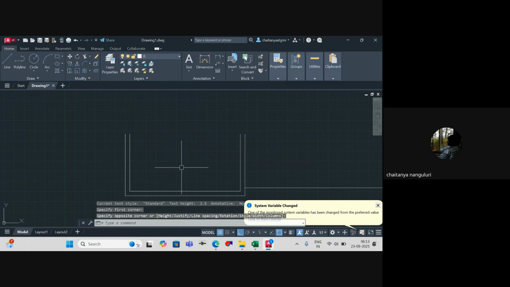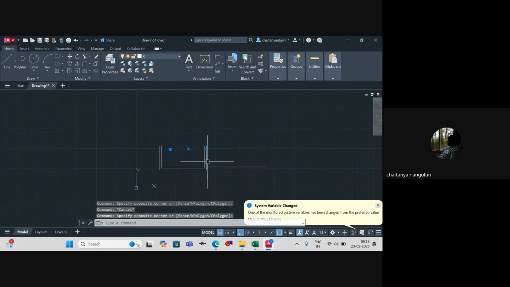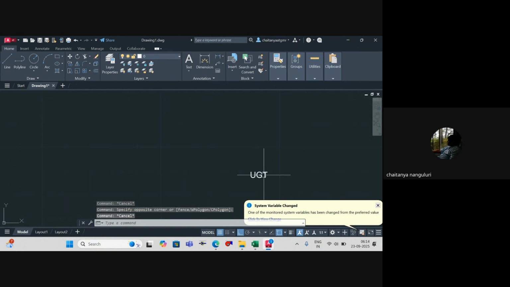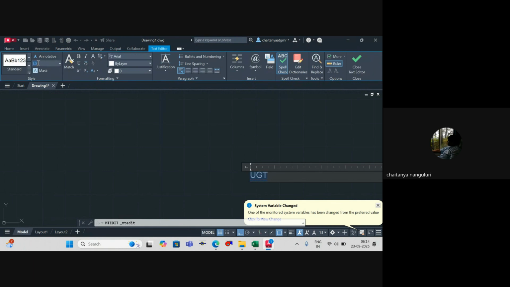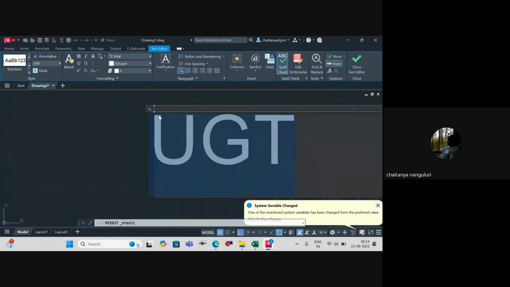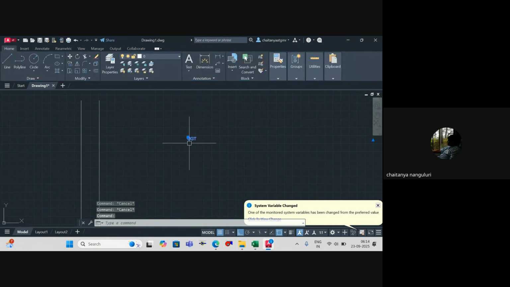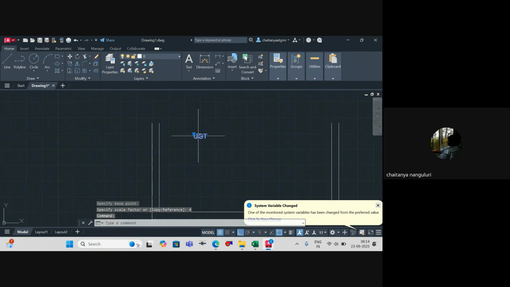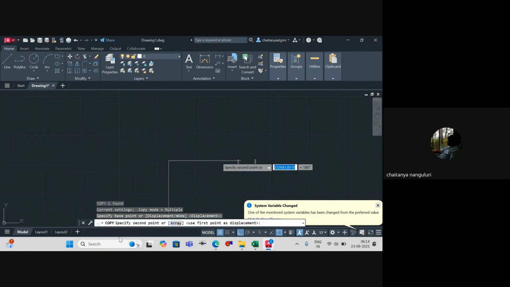UGT, underground tank, is about 300 something. This is your underground tank, and this is your OHT, overhead tank.